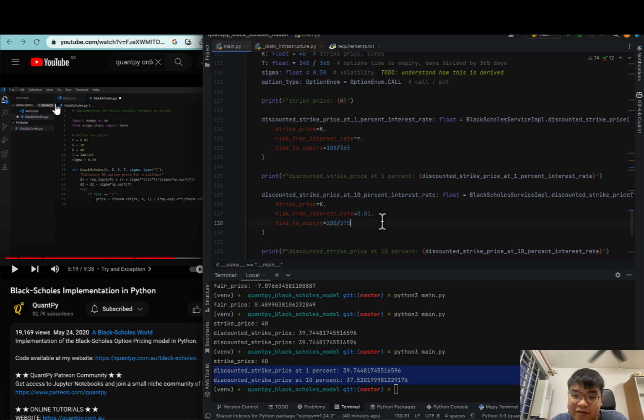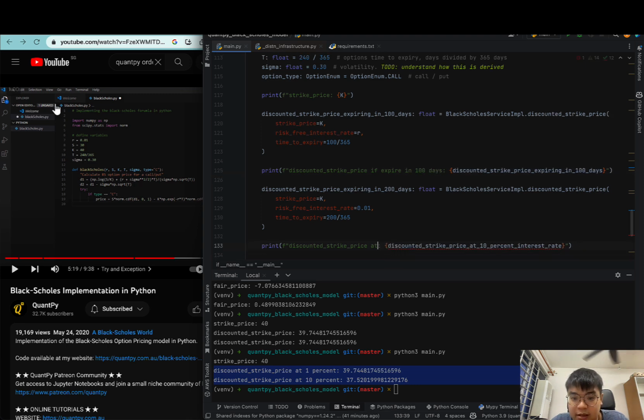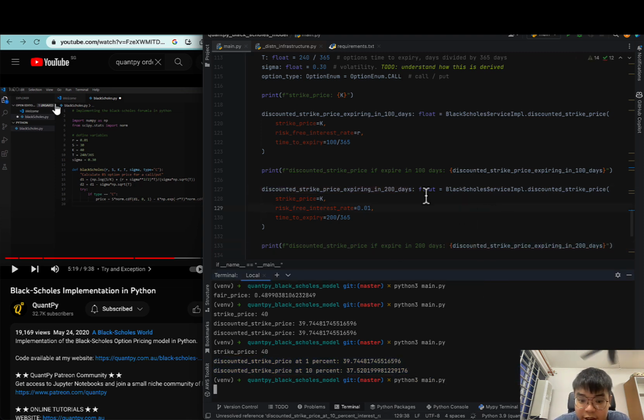So let's say this is further away, expiring in 200 days, expiring in 100 days. So let's see what's the difference between if it expires in 100 days, if it expires in 200 days. So now we can see how this discounted strike price changes.